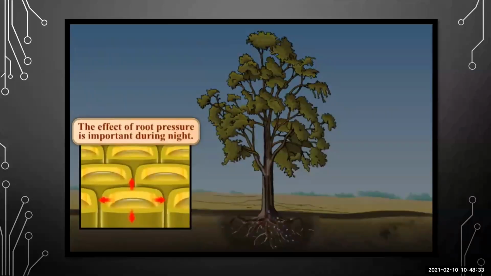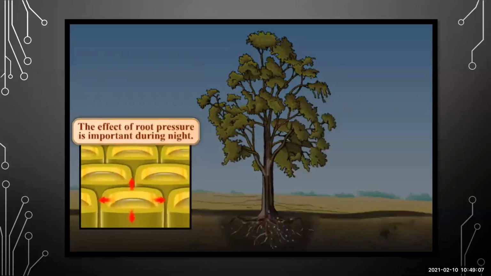The effect of root pressure is important during the night. During the day, water from the plants is released through transpiration. That balance is done by the xylem tissues. Xylem tissues absorb the water with the help of root pressure, as we studied in the earlier lecture. With the help of root pressure, the xylem absorbs water from the soil.